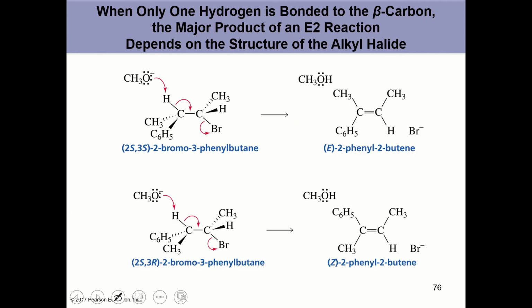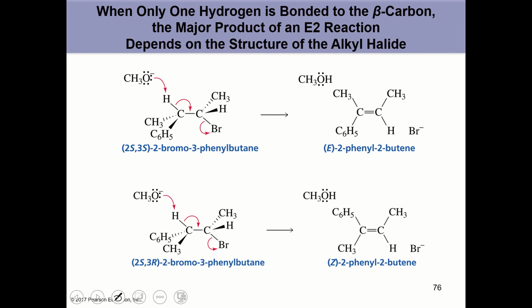Okay. When only one hydrogen is bonded to the beta carbon, the major product of an E2 reaction depends on the structure of the alkyl halide. So we can get multiple products. We need to have, for E2, anti hydrogens and bromine. There are 2 occasions where bromine and hydrogen can be anti when we draw the Newman projection.